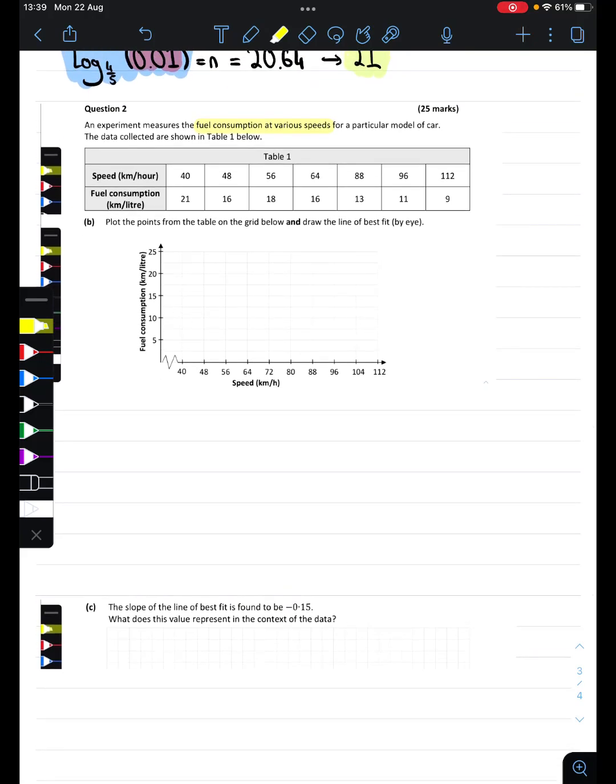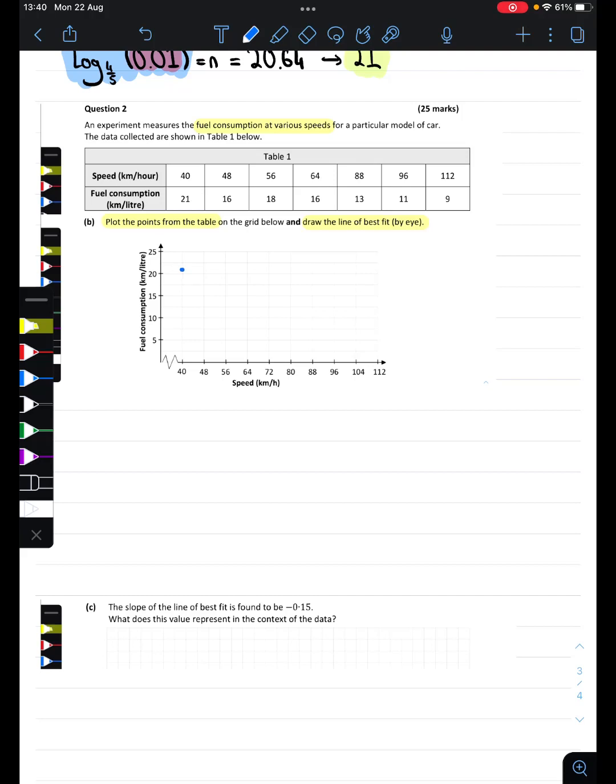So we want to plot the points from the table on the grid below and then draw the line of best fit by eye. Okay, so at 40 kilometers per hour, the fuel consumption is 21 kilometers per liter.